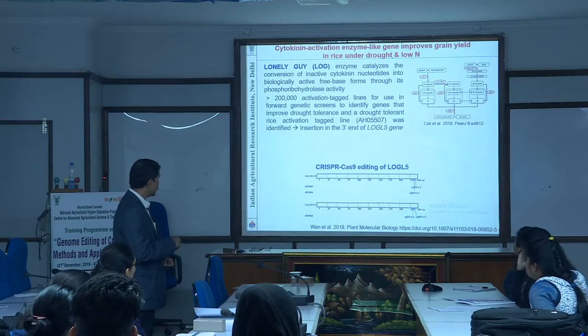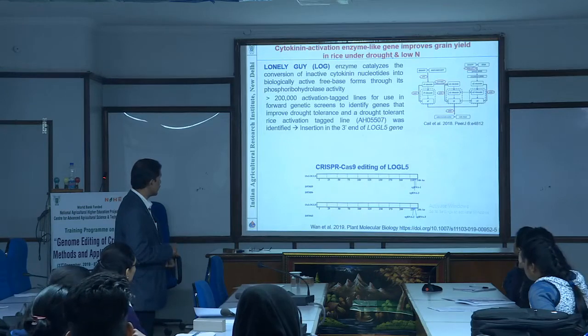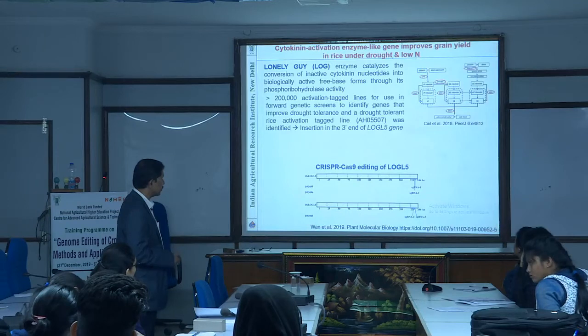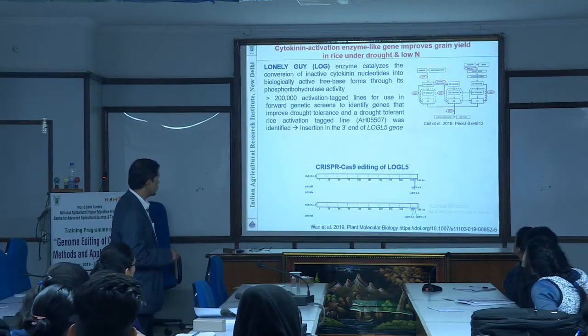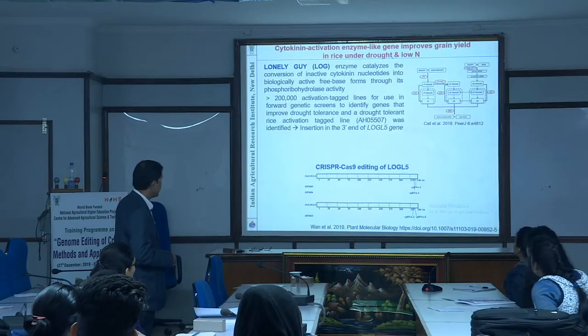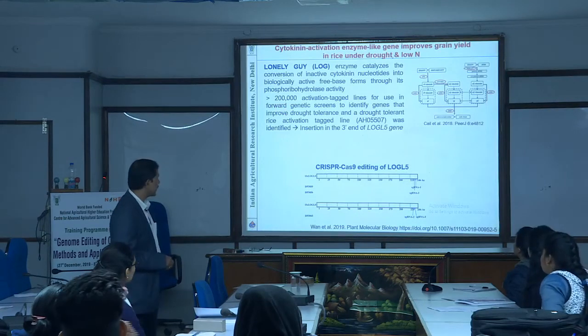One of the groups of enzymes important for cytokinin biosynthesis is the LONELY GUY enzyme, which is downstream of isopentenyl transferase. Most of the studies have been conducted with overexpression of this gene. What these people have done is screen almost 2 lakh activation tagged lines of rice.